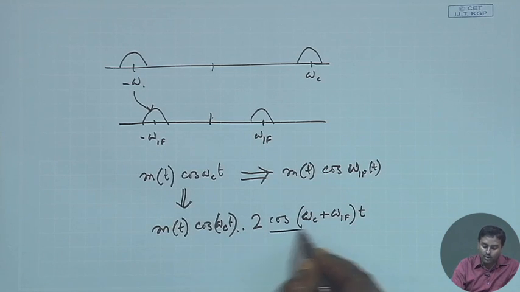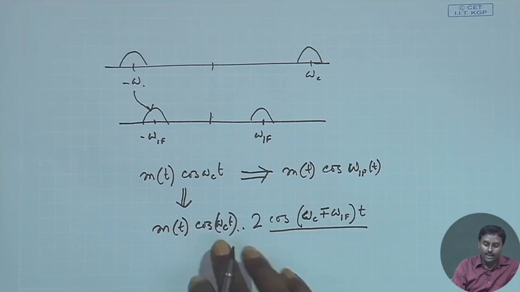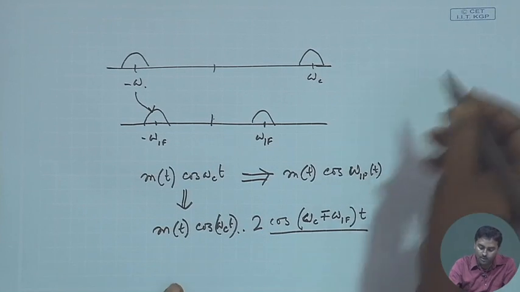So, I have to locally generate a particular sinusoid which is centered at omega c plus omega if, or I can do it even at minus, both will give me the same result. So, I just have to multiply it. My circuit will look like this.